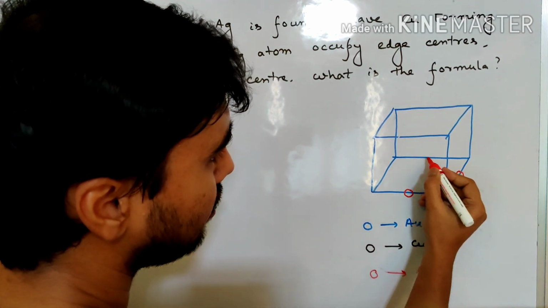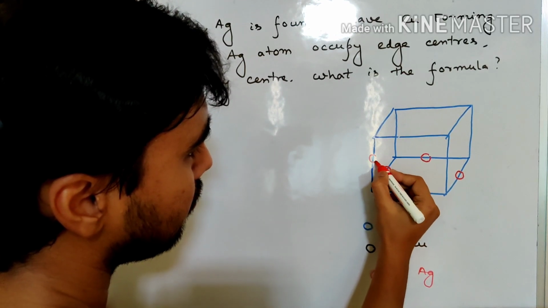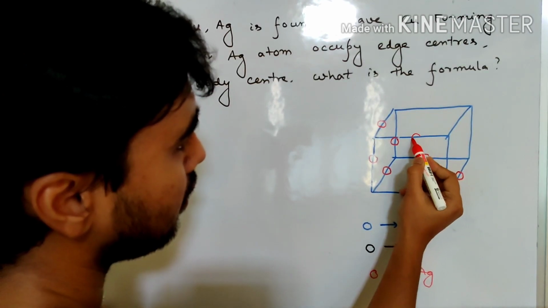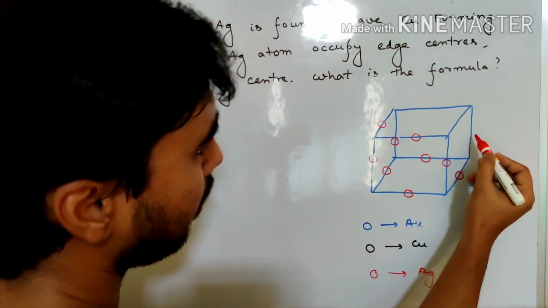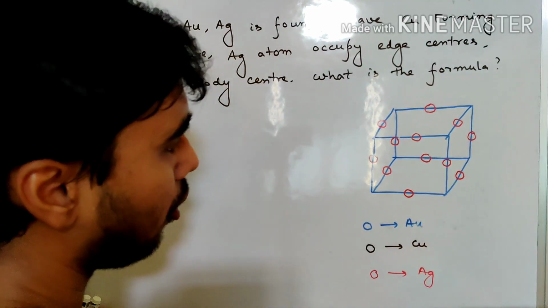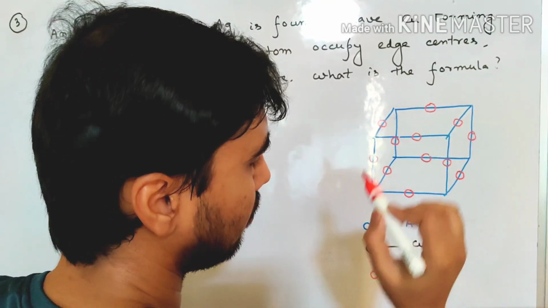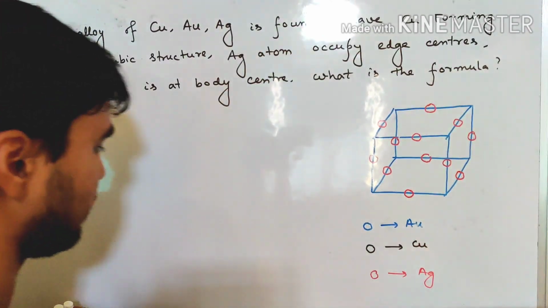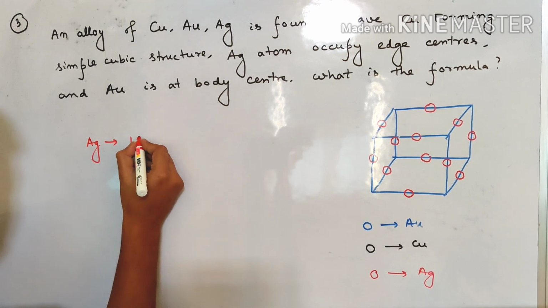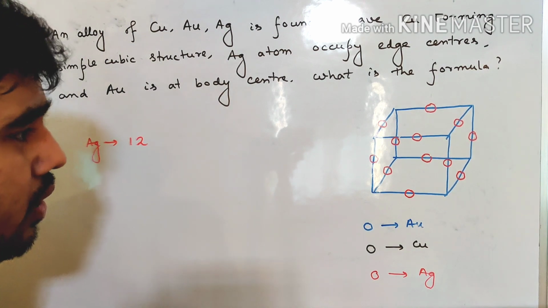This is also the center of the edge. Again here also. How many? 1, 2, 3, 4, 5, 6, 7, 8, 9, 10, 11, 12. So there are 12 edge centers. So for silver, there are 12 atoms present in this unit cell and they are at edge centers. We will calculate later on.